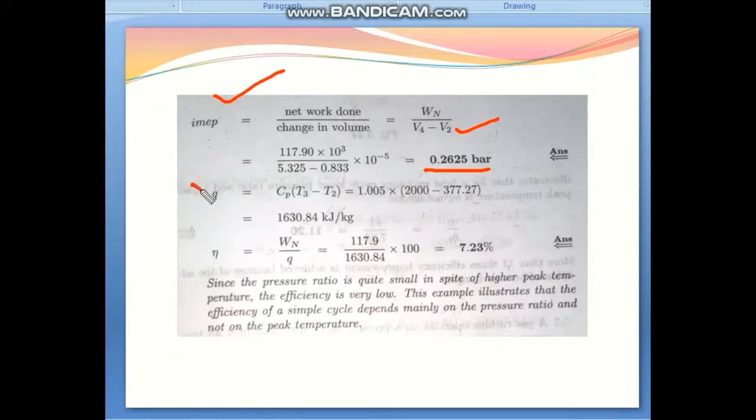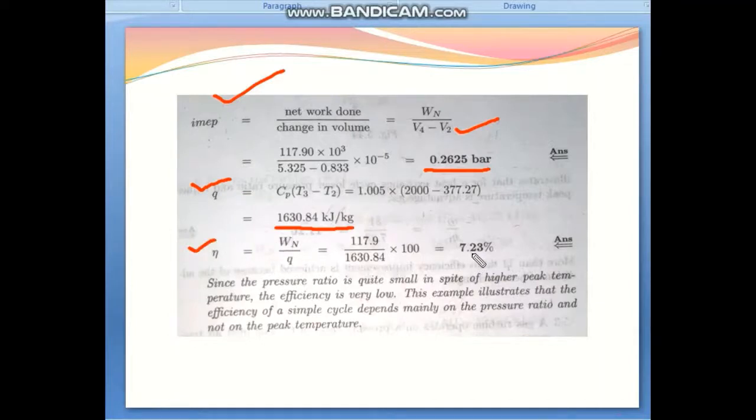The heat input, Q, is Cp into T3 minus T2, which becomes 1630.84 kilojoule per kg. Now the efficiency becomes net work done by Q.